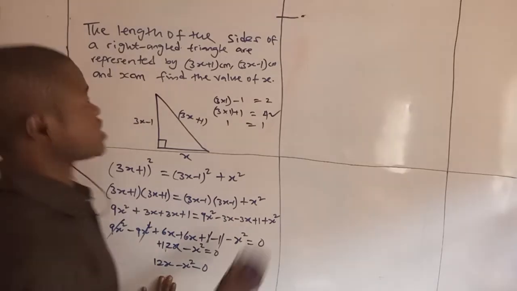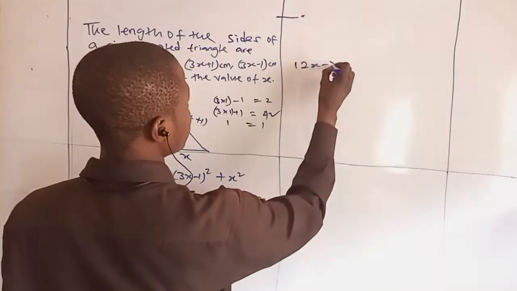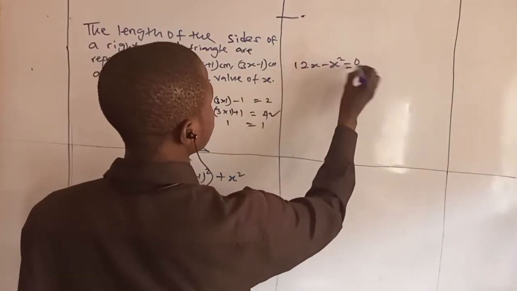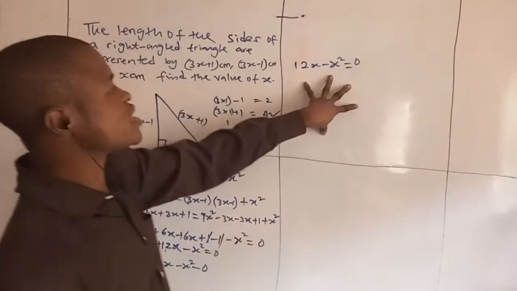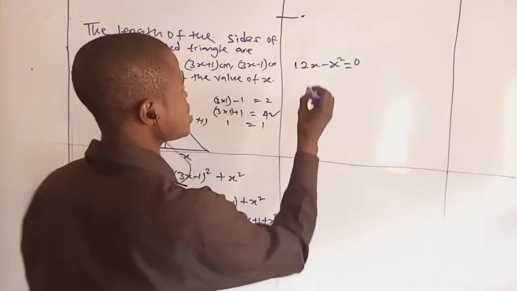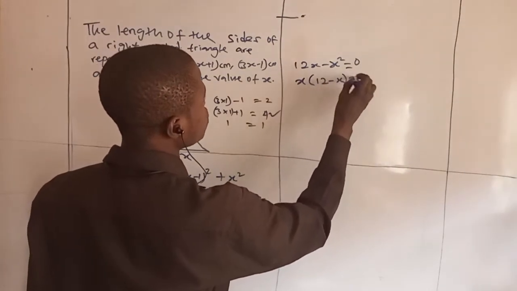Let me rewrite this. I have 12x minus x squared equal to 0 as our final expression here. With this, we can easily factorize out x by saying x into bracket 12 minus x equal to 0.